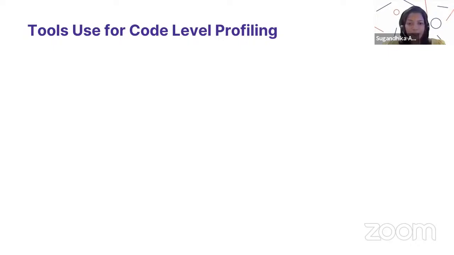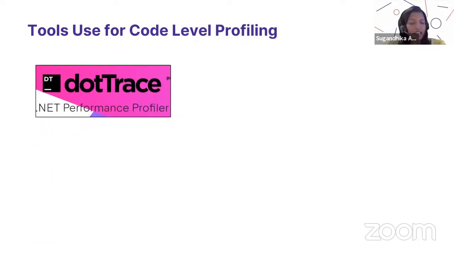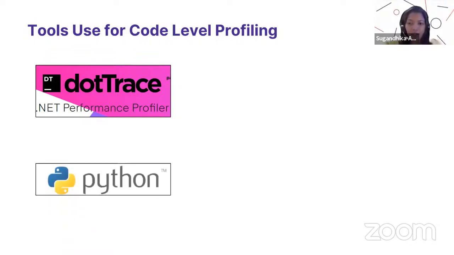As an example, .NET based applications have a tool called dotTrace. It is for .NET based applications, so if your code is written in .NET, you can use this tool. And if your code is written in Python, Python has a profiler tool called cProfile.